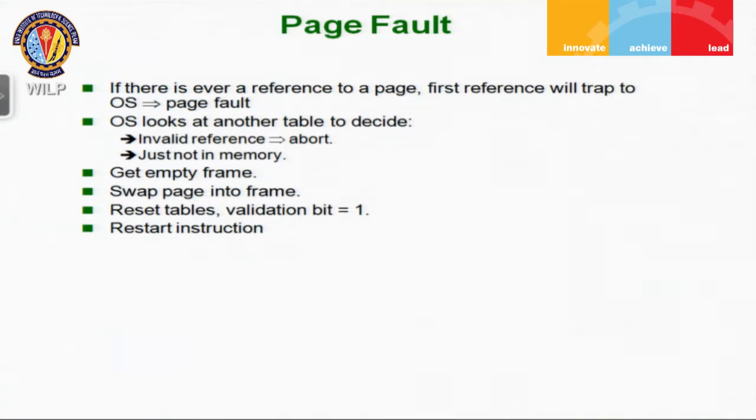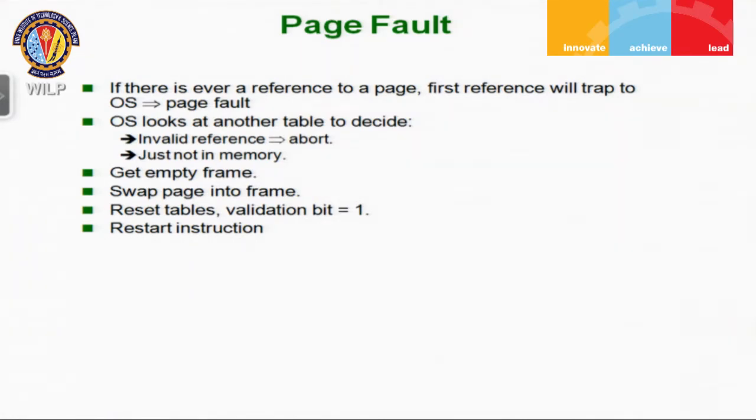As we said earlier, in the beginning all the entries have a valid-invalid bit equal to 0. Once the page has been loaded into the memory, the bit is changed to 1. After having done this, the instruction which caused the page fault should restart. So we re-execute the same instruction which had caused the page fault.